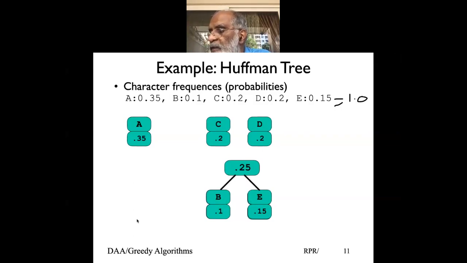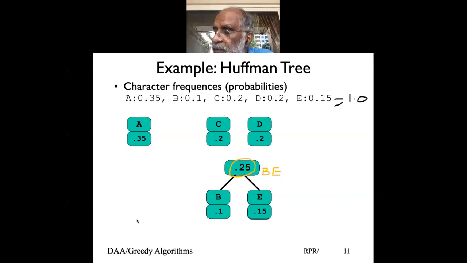So instead of 5 trees, now I have 4 trees: A with a weight of 0.35, C with a weight of 0.2, D with a weight of 0.2, and the new tree, which I can call BE, with a weight of 0.25. Now using these 4 trees, I pick again the 2 trees with the lowest weight.